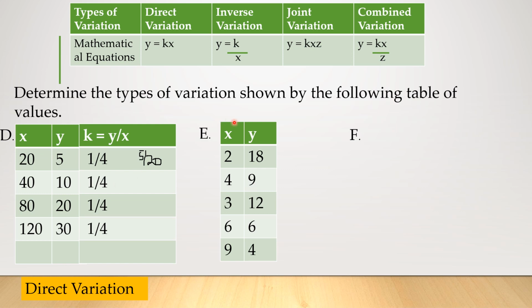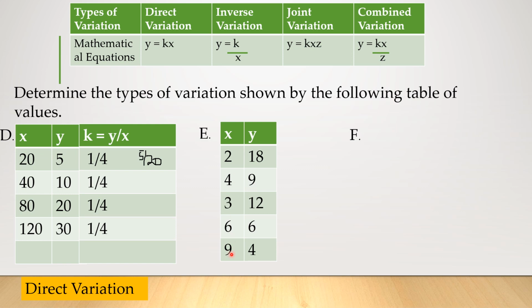Okay, what about letter E? We have 2, 4, 3, 6, 9. So they are not increasing, right? And this is 18, 9, 12, 6, 4. It's also not increasing or decreasing. But don't dismiss that this is not a direct variation, because the values are not arranged properly.